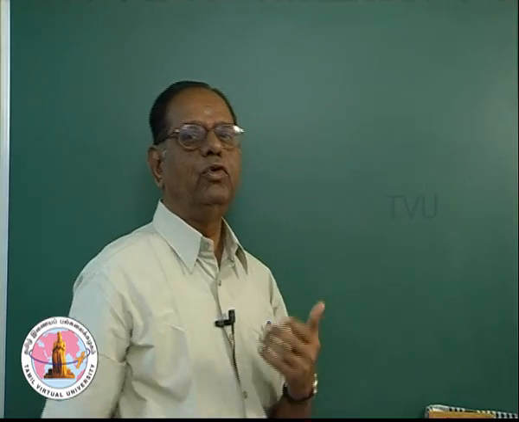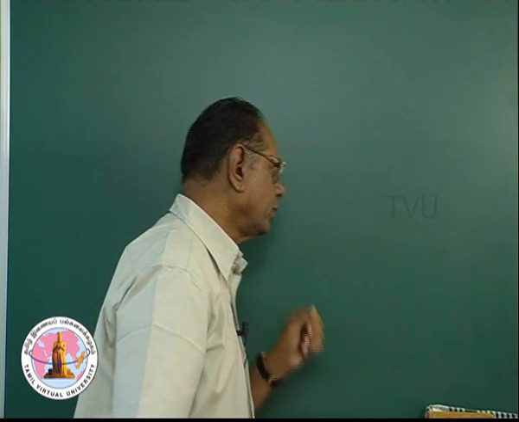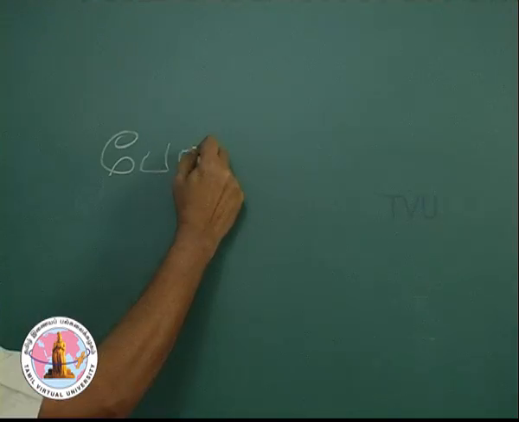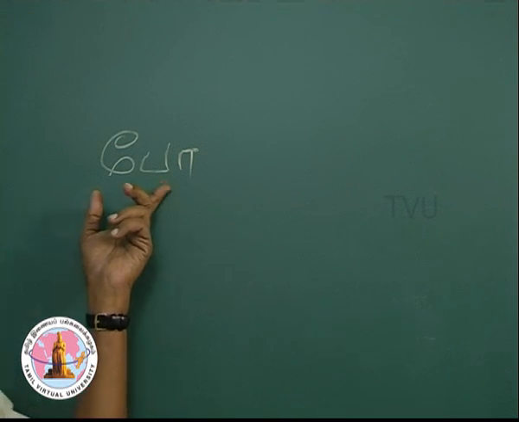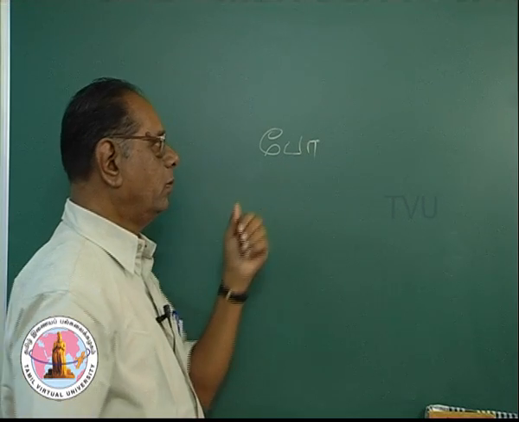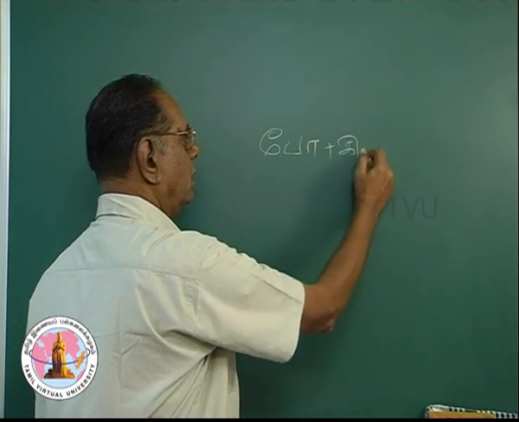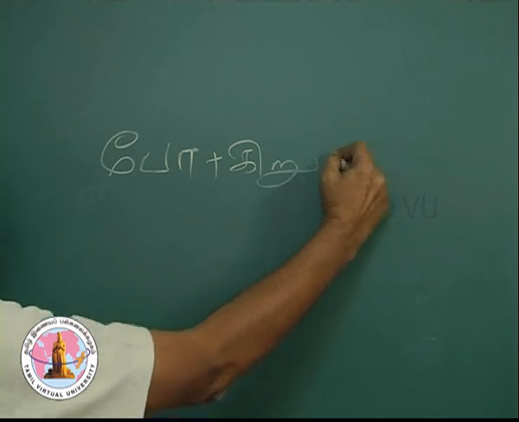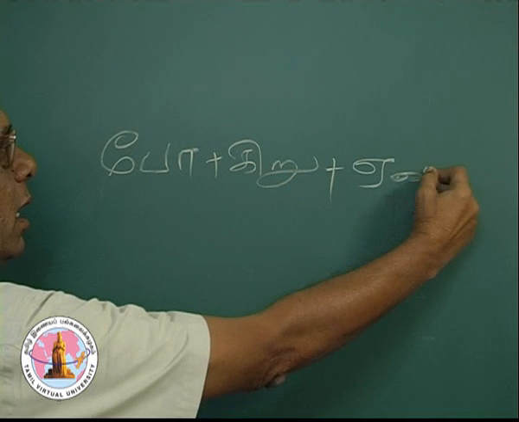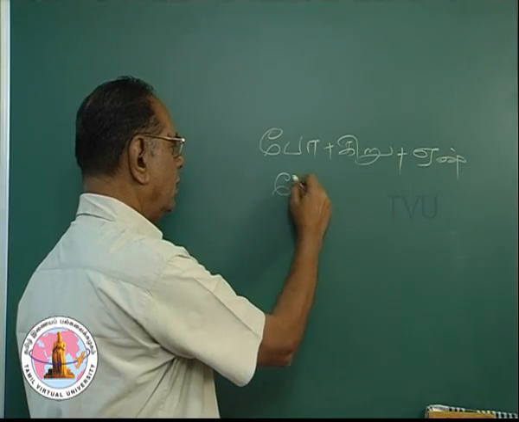We shall have a few more verbs and conjugate them. You know this verb po. Po is to go. So, this takes the same suffixes and becomes போகிறேன்.